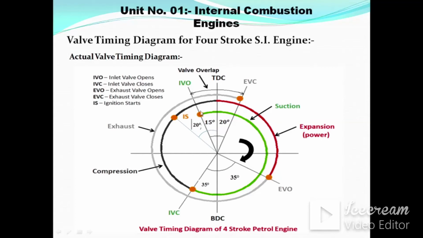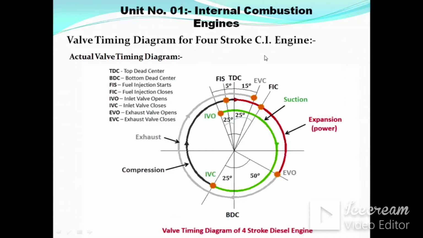This angle, between inlet valve opening and exhaust valve closing, does not exceed 15 to 30 degrees, because if this angle is greater, then fresh charge will escape through the exhaust valve. For that purpose, this valve overlapping does not exceed 15 to 30 degrees. This is our actual valve timing diagram for the 4-stroke SI engine.